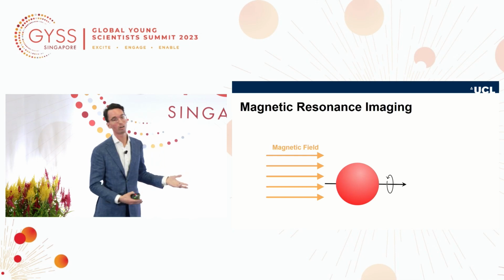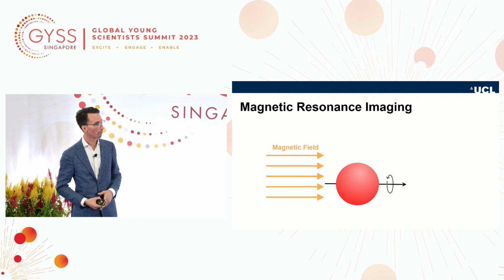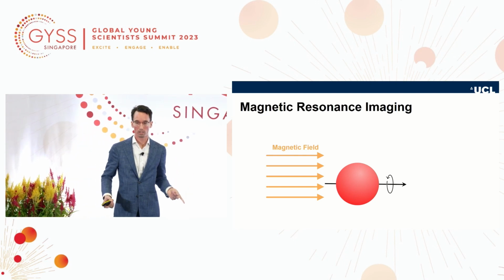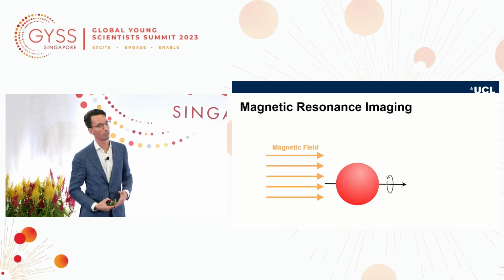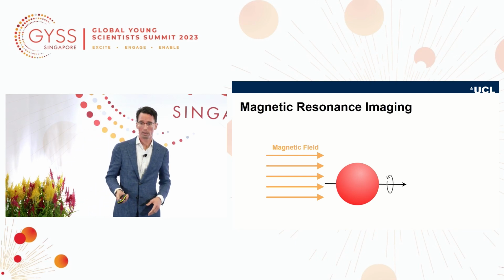And the stronger the magnetic field, the more of these spins are aligned with that magnetic field, but most of them realistically point in random directions, unless you cool something down to very cool temperatures, which unfortunately most of our subjects would not like.